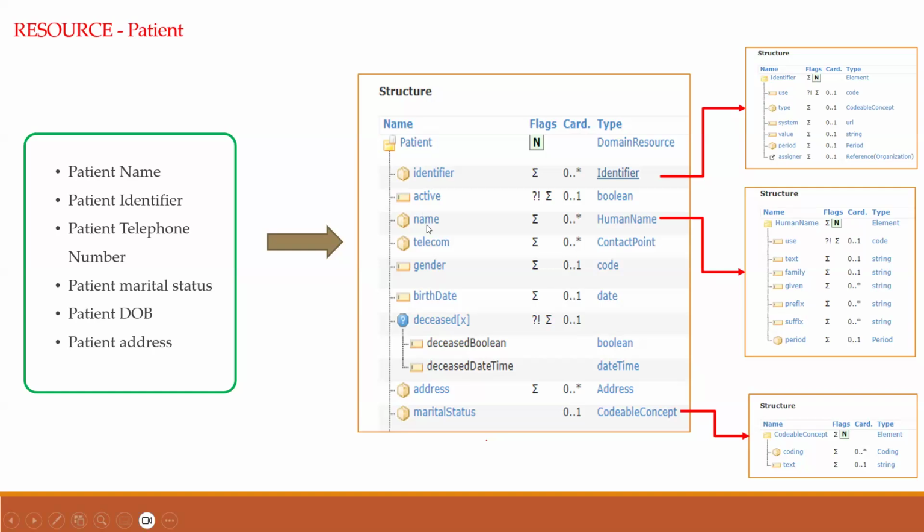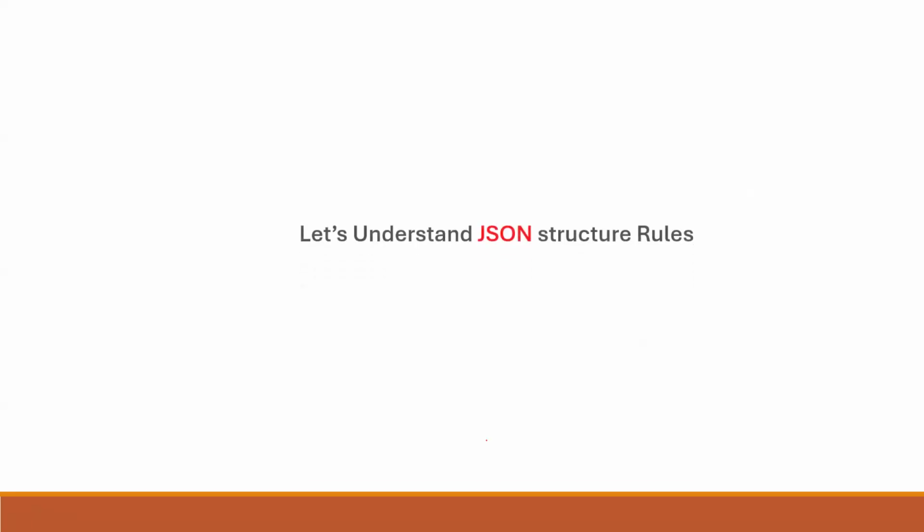The structure you're seeing is a visual representation, but when we talk about the actual technical JSON or XML format, we will understand better how this data and its elements are broken down, and how we can have that systematic view or format of the data that we are going to store. Now, let us understand the JSON structure first. What is JSON?